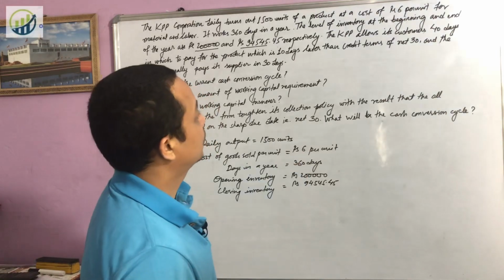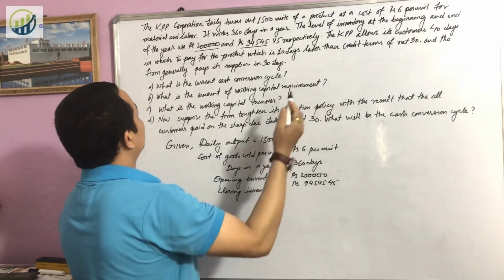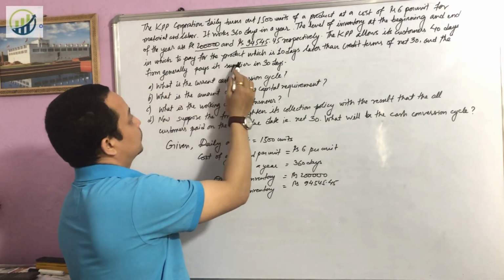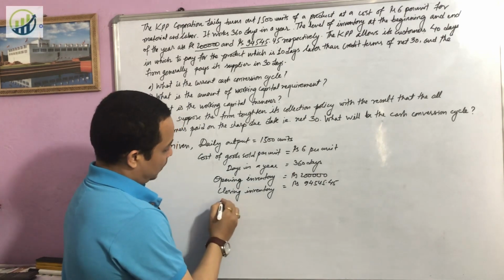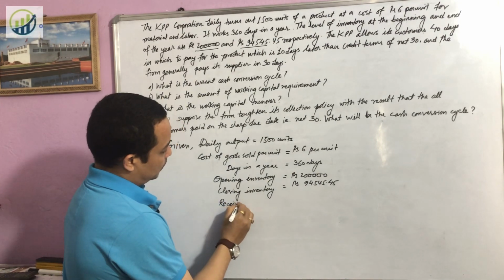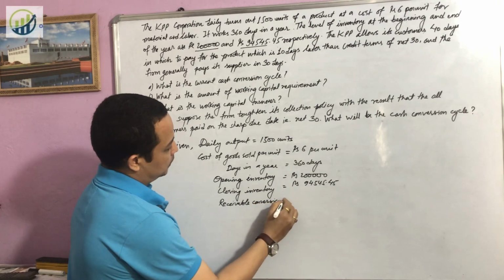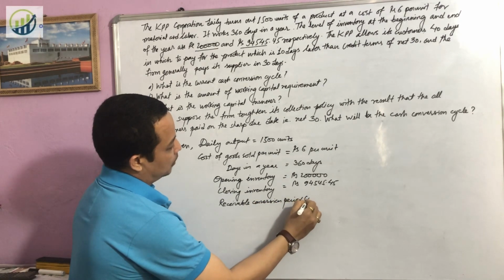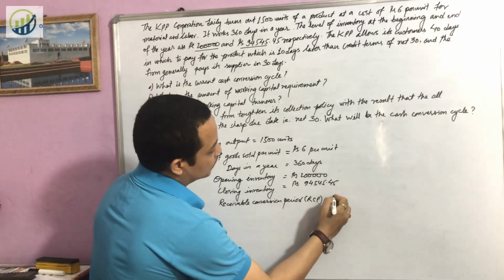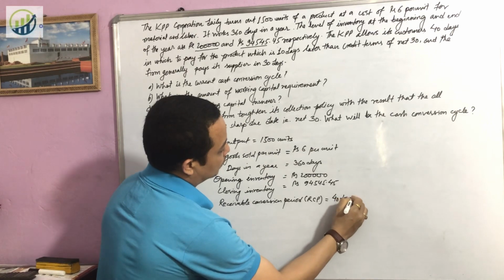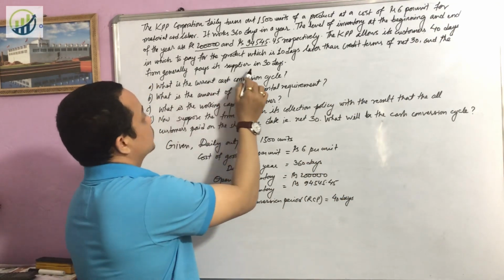Okay, so now other informations are also given here. KPP allows its customer 40 days in which to pay for the product, which is 10 days later than credit terms of net 30. So here receivable conversion period, RCP, shortly you can write, that is 40 days, and the firm generally pays its supplier in 30 days.